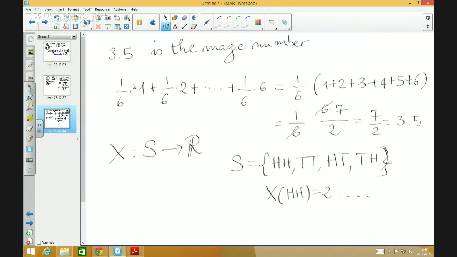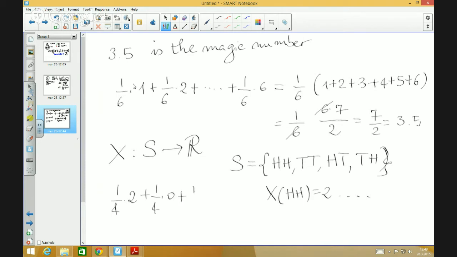Okay, so what is the average number of heads that I get? Well, each one of these outcomes, since the coin is fair, occurs with probability 1/4. So with probability 1/4, I get 2 heads. With probability 1/4, I get no head.